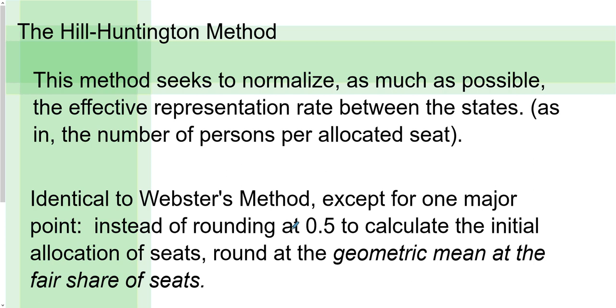By rounding everything to 0.5, you're always within 0.5 of the natural quota, and that's all fine. Instead of rounding at 0.5, though, this Harvard mathematician decides to say, let's round at the geometric mean of the fair share of seats, or the natural quota, if you will.